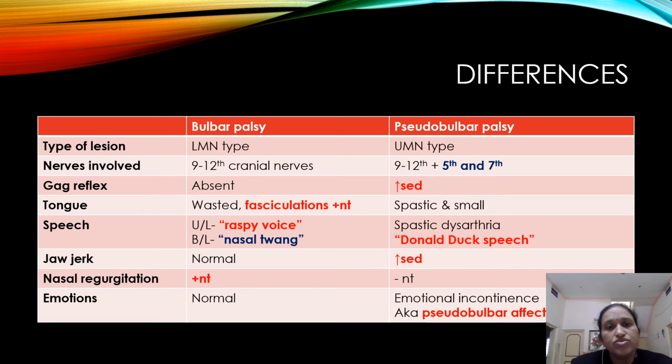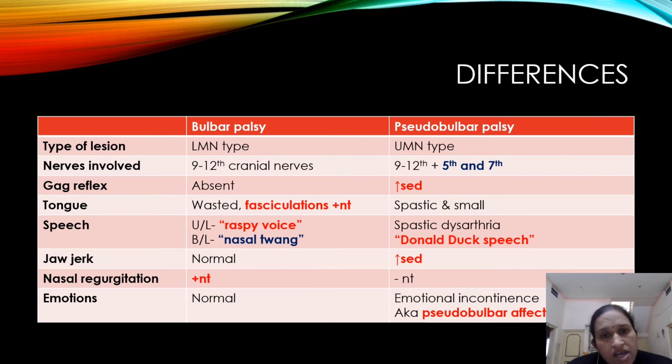Now coming to the difference between the two. By this time you are very clear that bulbar palsy is a lower motor neuron type of lesion and pseudobulbar palsy is an upper motor neuron type of lesion, that is from the cerebral cortex to above the level of nucleus.